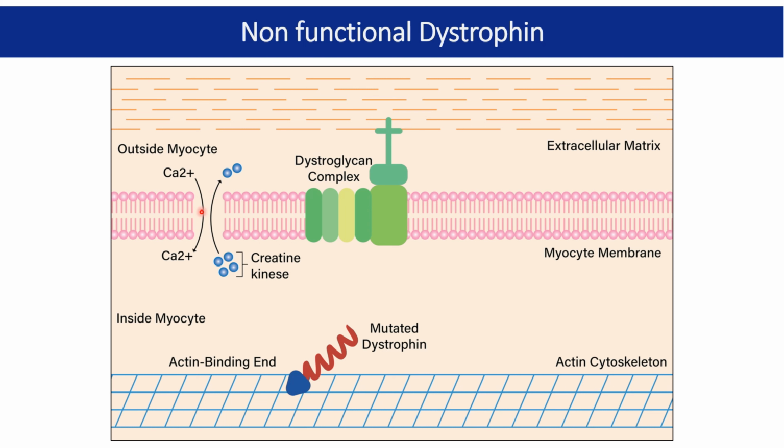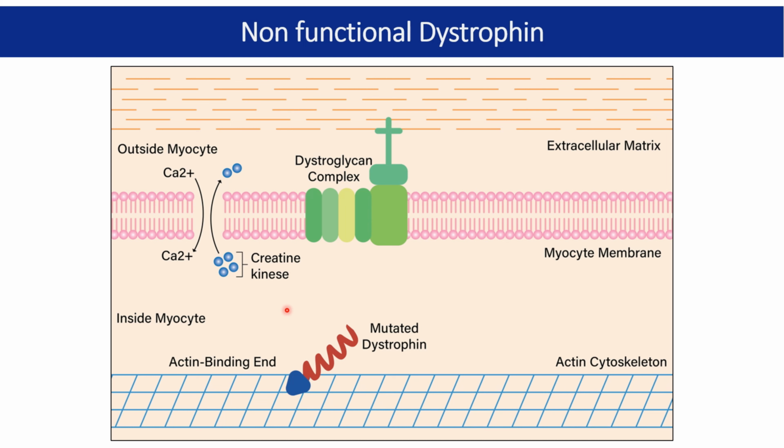The most important substance in damaging the muscle is calcium. Calcium is found at a higher concentration outside of the sarcolemma. So because of this rip, this calcium now enters into the myocyte, and they activate calcium-dependent cellular enzymes that break down proteins, called proteases.